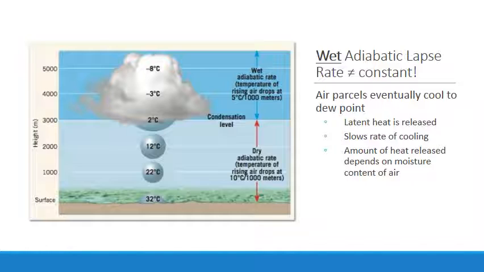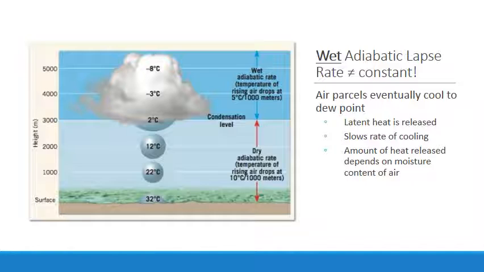So now we're above the condensation level, and we see a different rate. Right here is the wet adiabatic lapse rate, and it's cooling now at 5 degrees C because we've reached saturation. Okay, so if we go from +2 to -3, we know we've gone up another 1,000 feet.